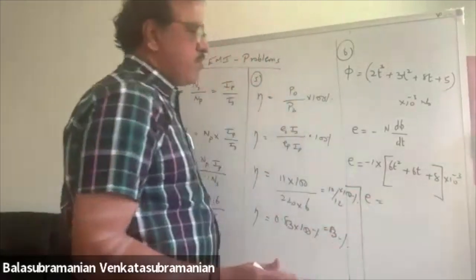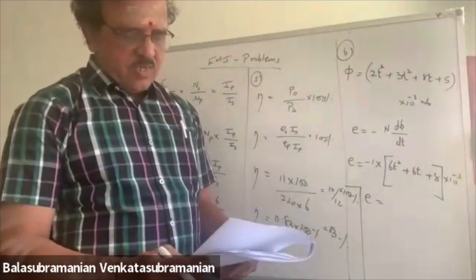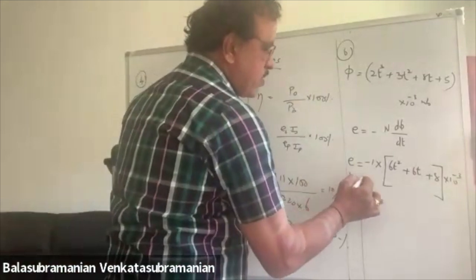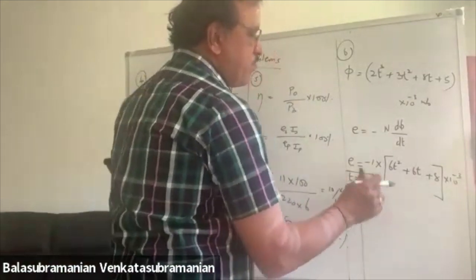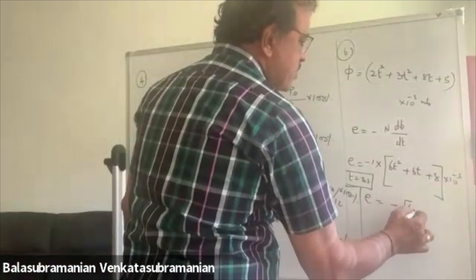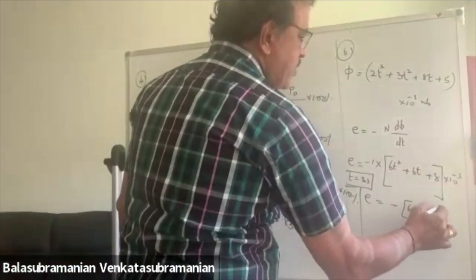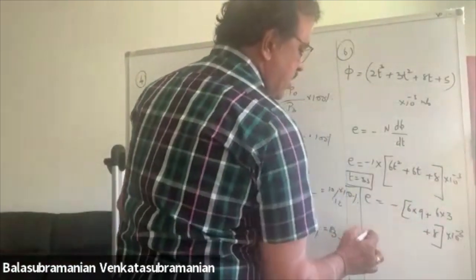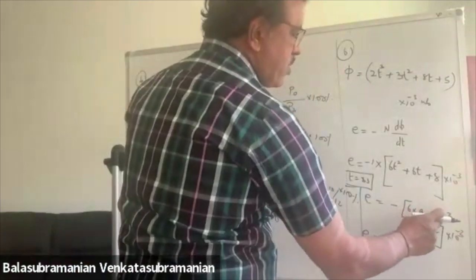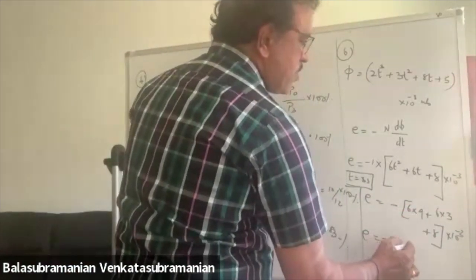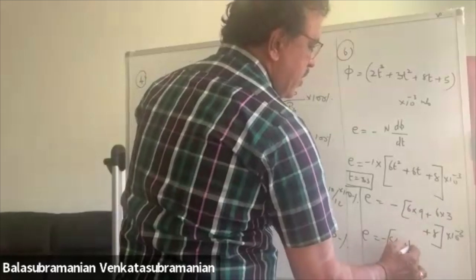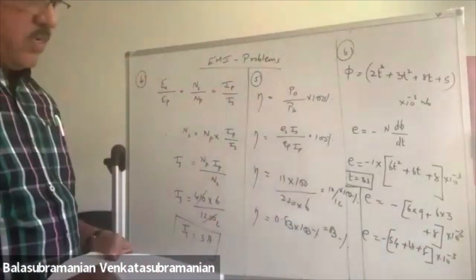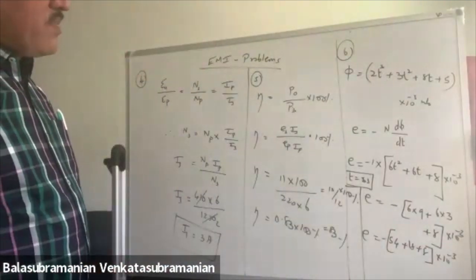So E will be, given t is equal to 3 seconds in the problem, minus 6 into 3 square, 9, plus 6 into 3, plus 8, into 10 power minus 3. 54 plus 18, 72, plus 8.